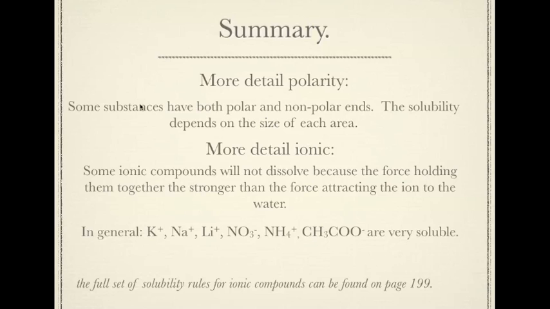So some substances have polar and non-polar ends. You should be able to identify substances that have polar and non-polar ends, and look at them and identify where these polar ends and non-polar ends are. So that's one thing about polarity. Solubility depends on the size of the polar end and the size of the non-polar end.